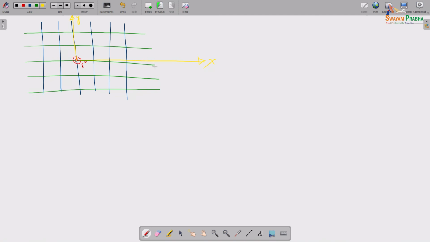So this line should be aligned to the x-axis. Please forgive my artwork. So this is a delta x, this is a delta y.